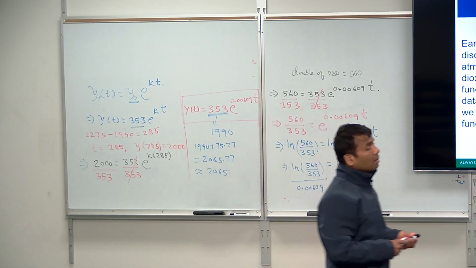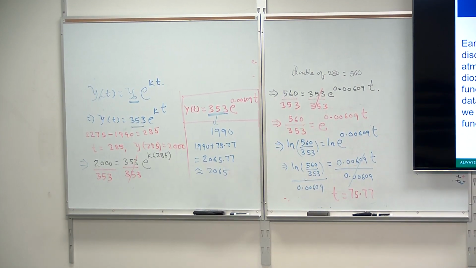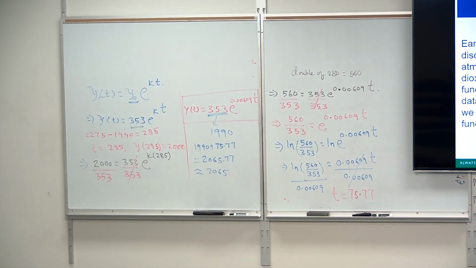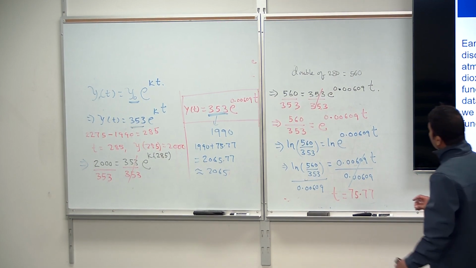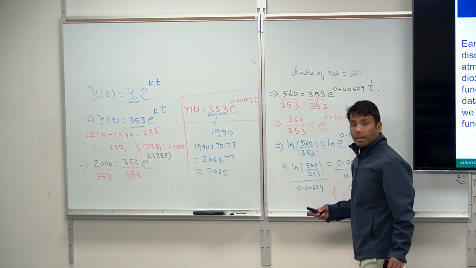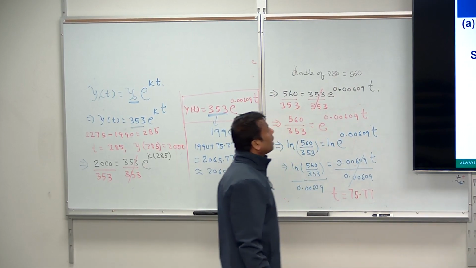The amount of carbon dioxide will be double the pre-industrial level of 280 ppm. Did you get it, guys? Yes? Yep, look here.